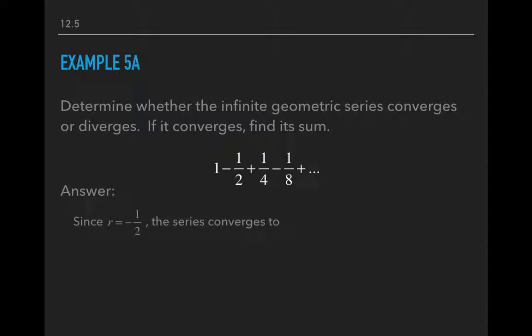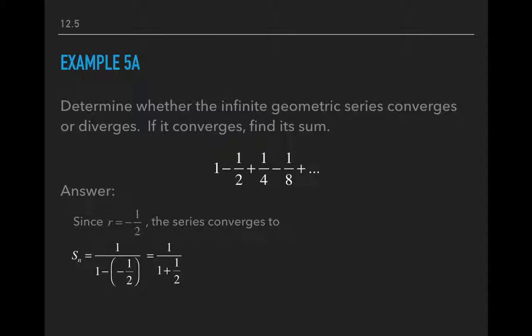To do so, we need to figure out what's our rate. Well, each time it's being multiplied by negative 1/2. Negative 1/2, if you take the absolute value, is less than 1. So notice each time they're getting smaller and smaller. And what happens is it's going to converge, and the sum is 1, that's your first term's value, over 1 minus the rate.